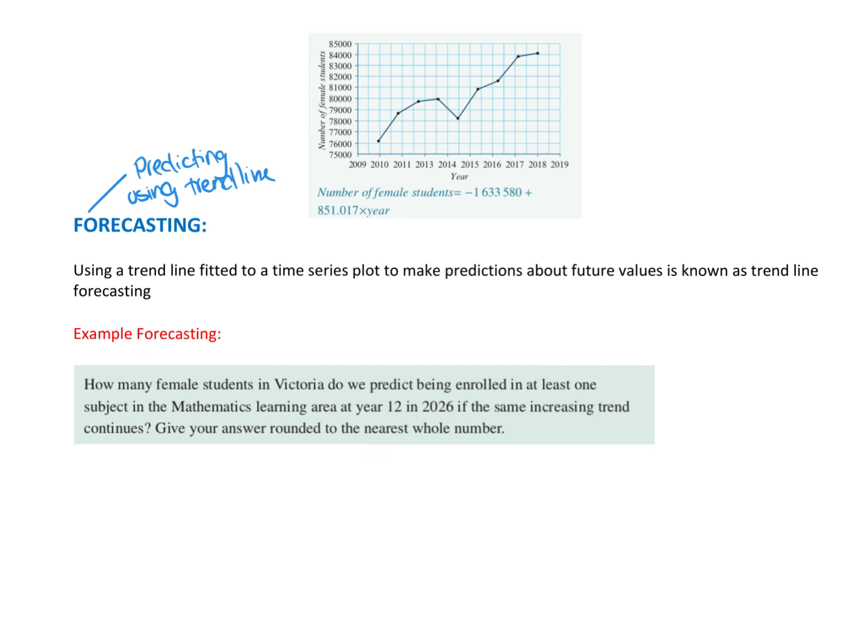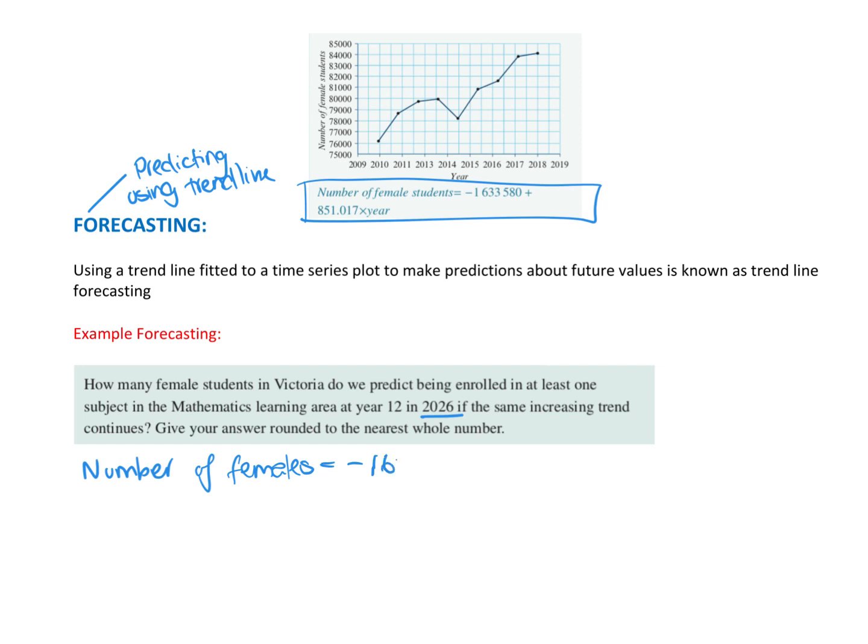But anyway, it says down here, how many students in Victoria do we predict to be enrolled in the maths subject in Year 12 in 2026? So there's the time code, and they want it to the whole number. I've got to predict or forecast. All I have to do is use the formula which they've given me. I've reprinted it there: number of females equals, and then I've popped this into my calculator, plus 851.017 times the year.